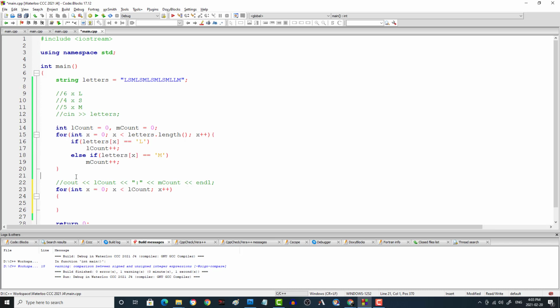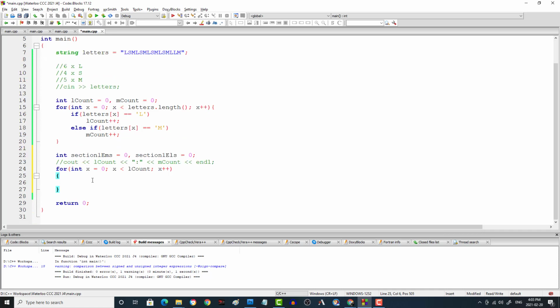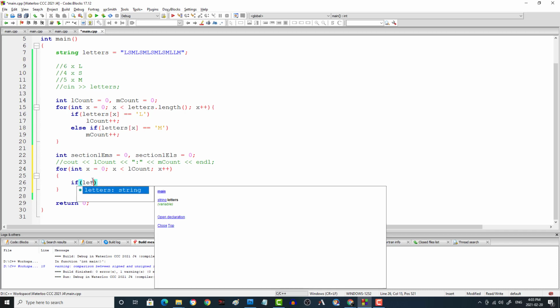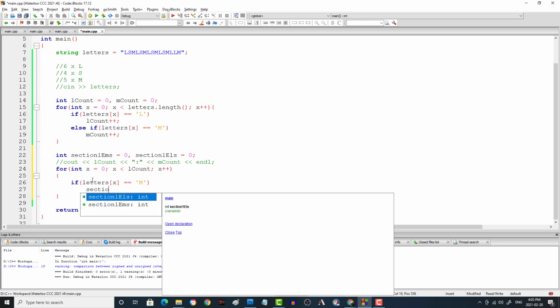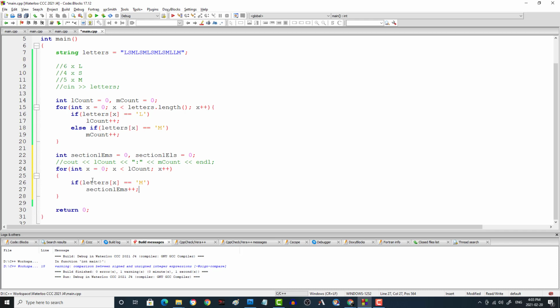All right, now what I want to do is count how many M's there are and how many S's there are. So I'm going to say int section 1 M's is equal to 0, and section 1 L's also equal to 0. All right, so I'm going to say if the letters at X is equal to an M, then section 1 M's plus plus.